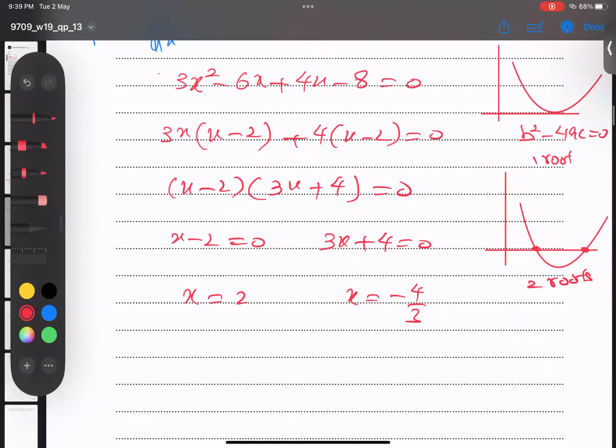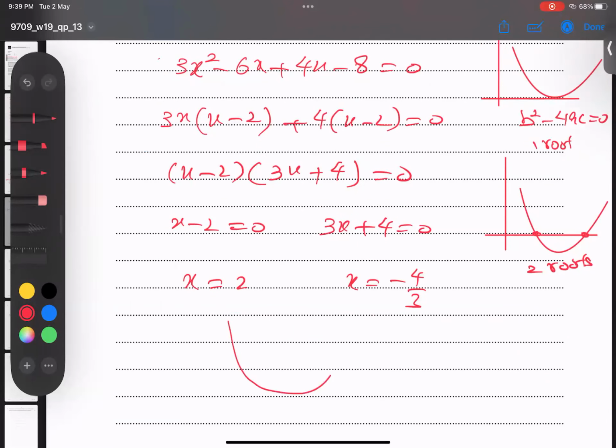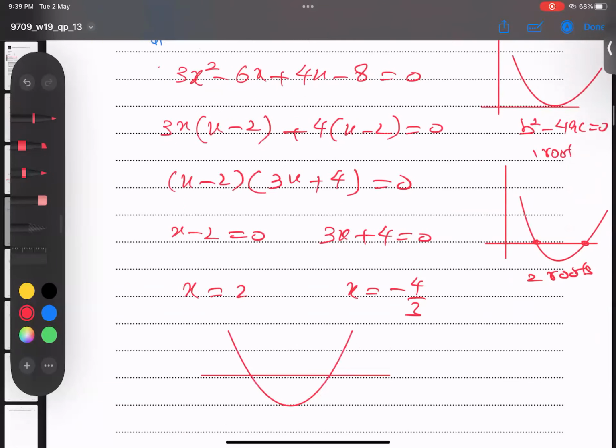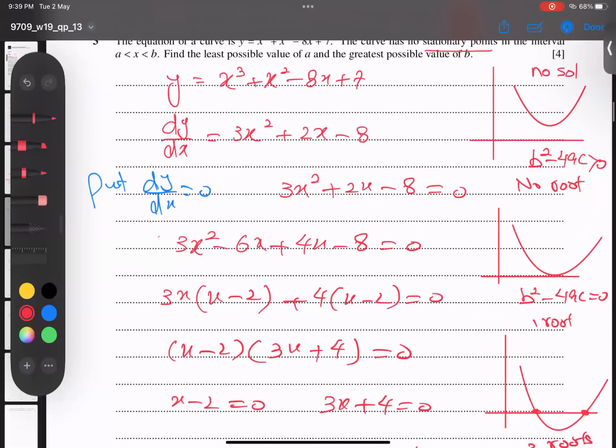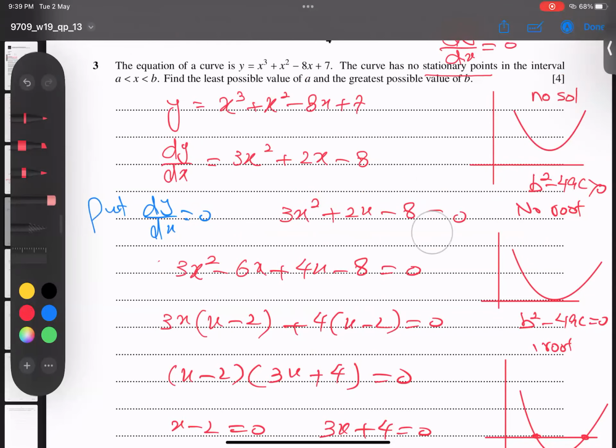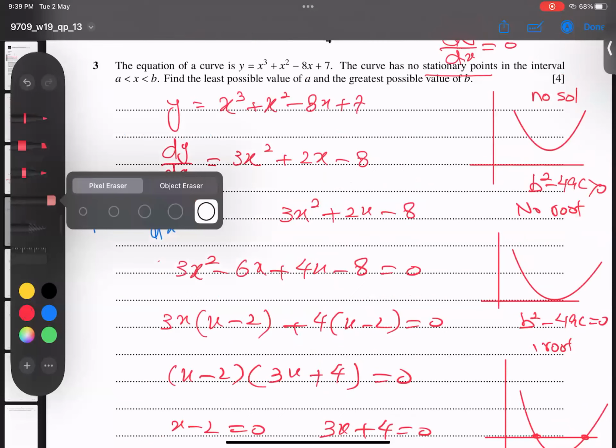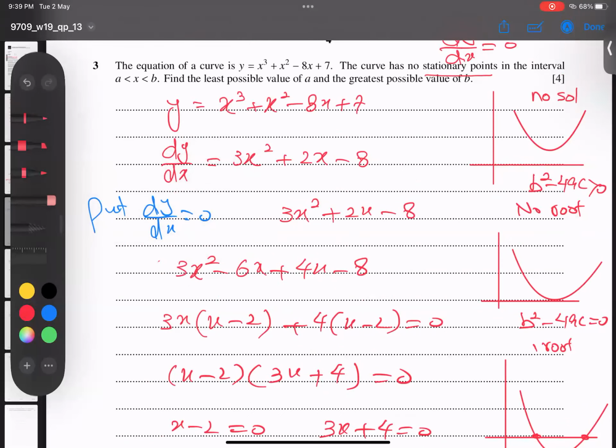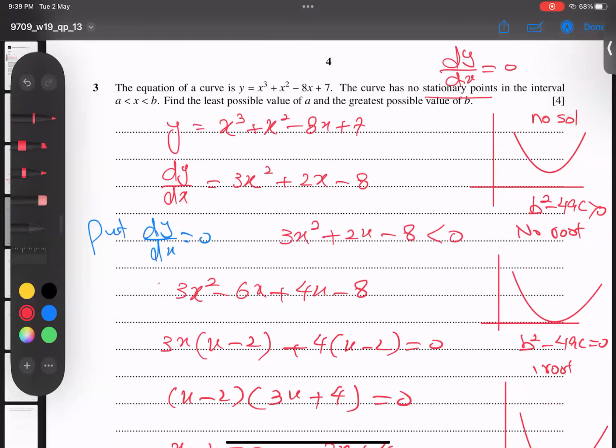Now I'm going to show you, this is a curve equation. Less than 0, it means we have to say this here. Why less than 0? Because you know very well, and I think I made a mistake here, I should not put bigger than here.